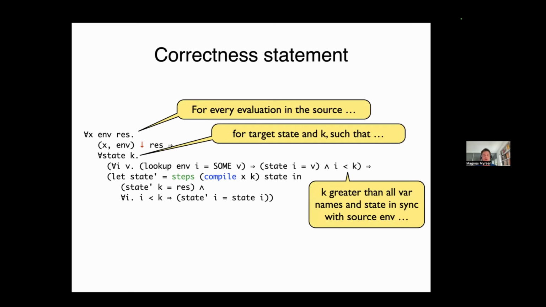So now let's look at the assumption I have here. It says, for anything I can look up in the environment, it must be the case that for the state I have, when I look at that name, I get the value that I found in the environment. And the name you used for the variable must be less than k.